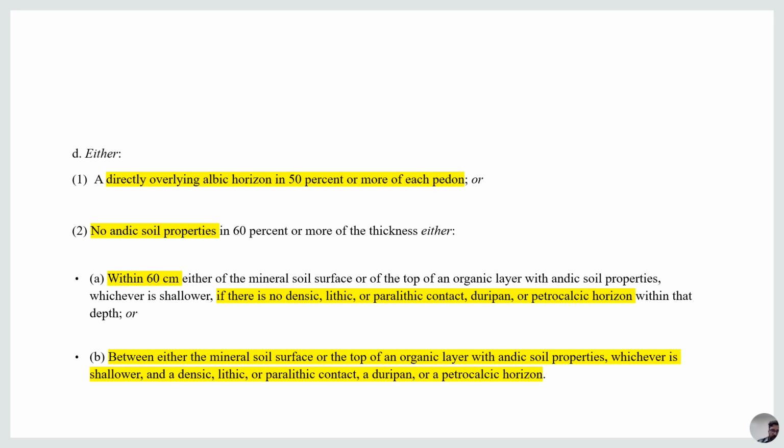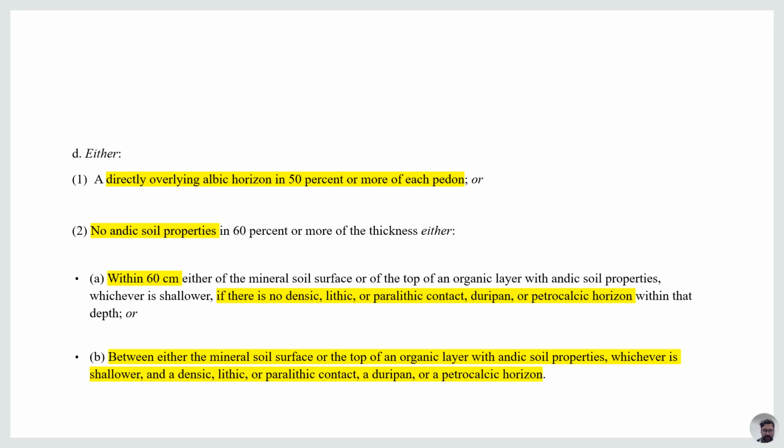Okay. Another option is to not register andic soil properties in a high amount of the soil profile. Okay, the andic soil properties are those properties that express recent or modern volcanism because they express the presence of allophane, imogolite, and other low crystallinity minerals. Okay, these andic soil properties also express a strong chemical link between soil organic matter, aluminum, and iron.